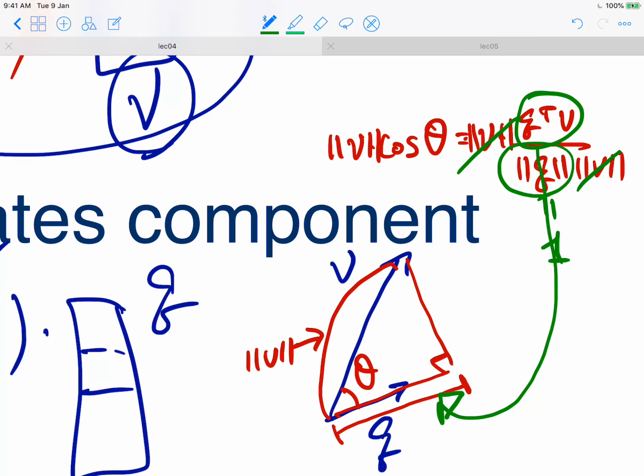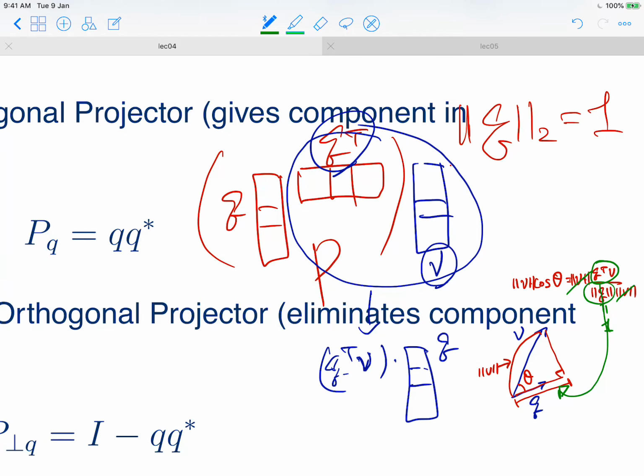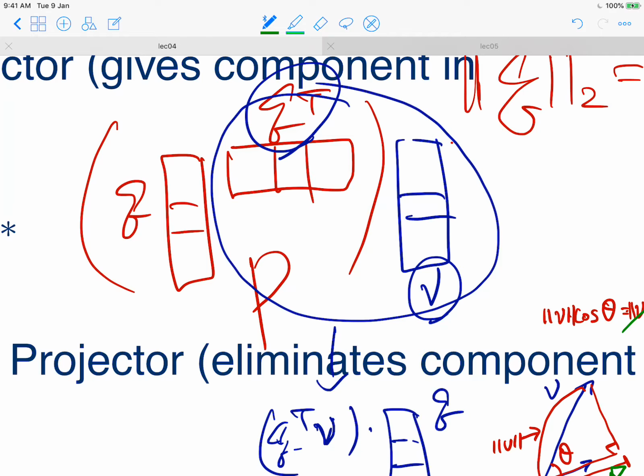Okay, so when looking at this rank 1 outer product as our projection matrix, if we compute the inner product between this Q transpose and V, that can be viewed as the length part.